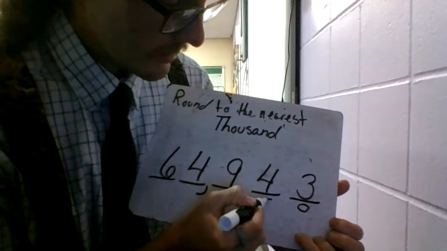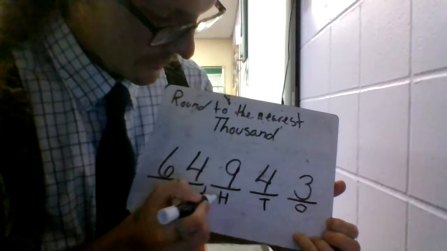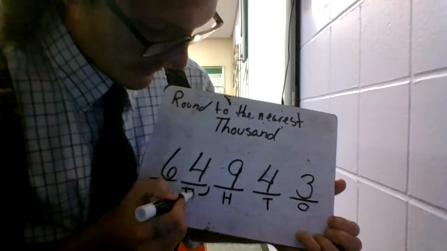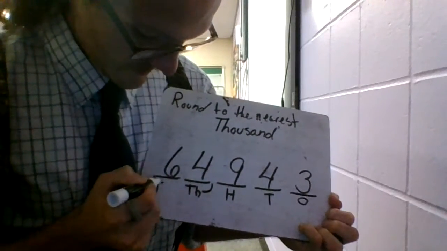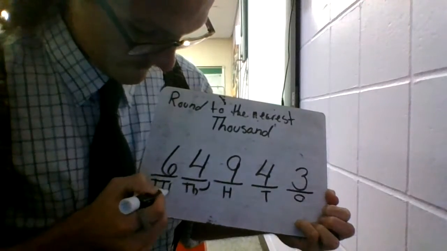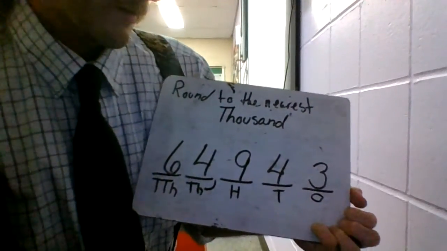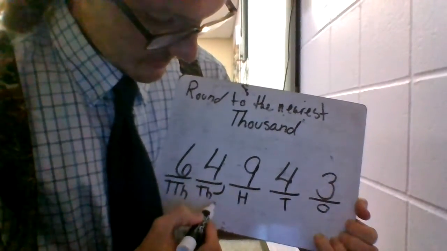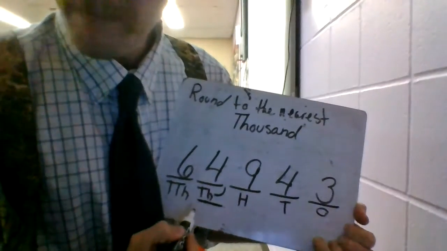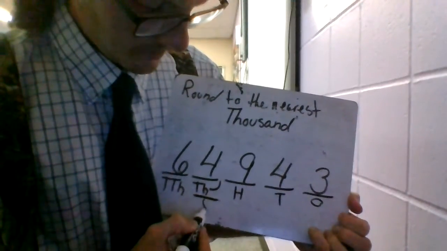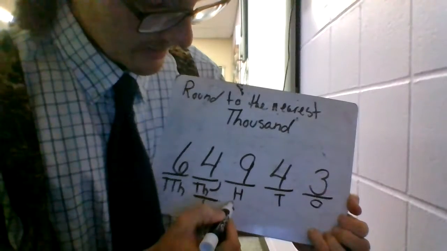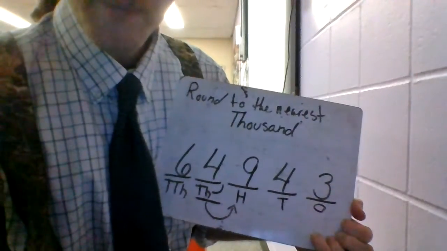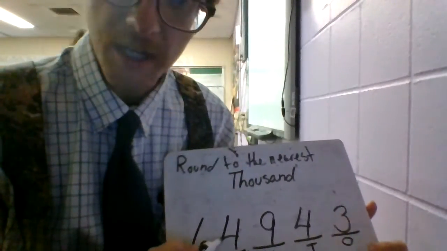We got our ones, our tens, our hundreds, our thousands, and we even have 10,000s on this one. So we're rounding the nearest 1,000. So this right here, he's the star of our show. We're going to look at the place value immediately to the right. And we're going to see if it's 4 or less or 5 or more. And that will determine whether this will change or stay the same.